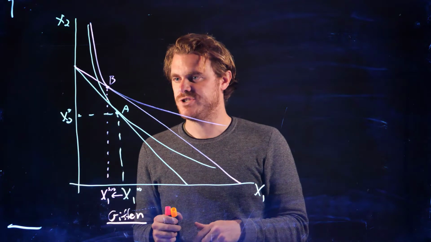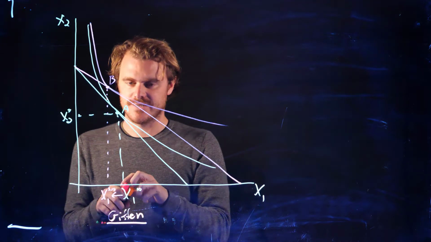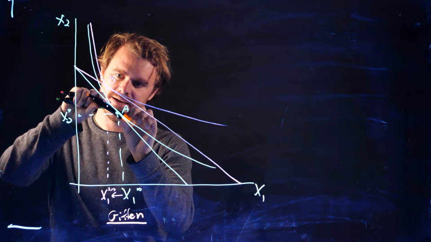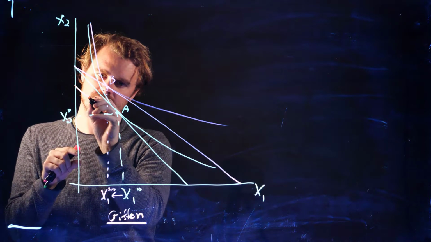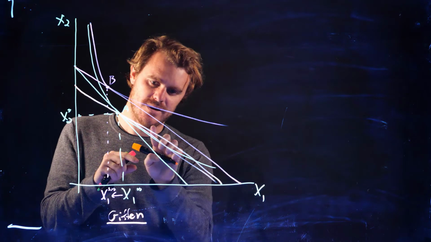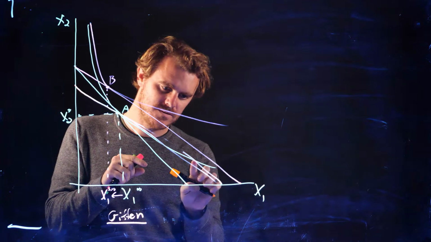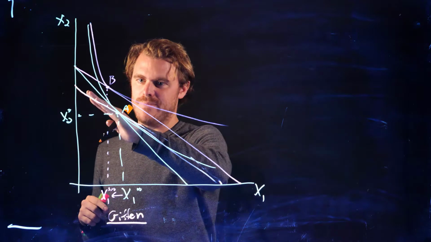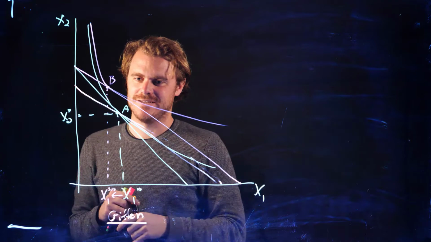If you wanted to draw the two effects, hopefully I can draw them. I'm going to draw a parallel line to this that just cuts through there. Let's pretend that's parallel. Doesn't look great, but pretend that's a parallel line to the pink one there.